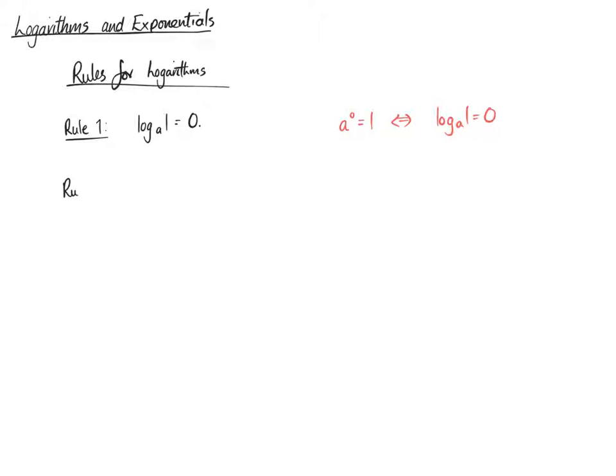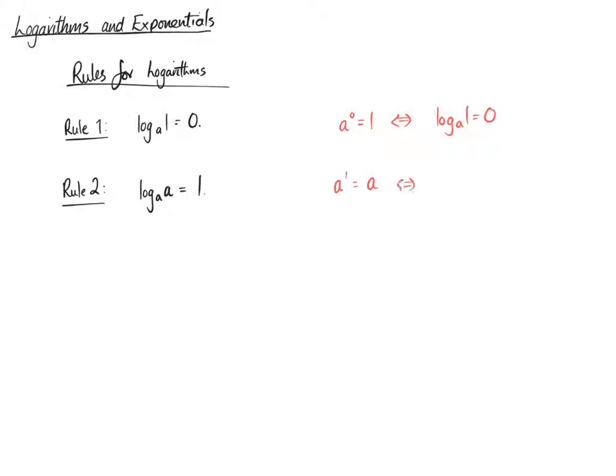Okay, so rule 2 that we have of logarithms is that if we've got log to the base a and we put that a into our function, we get that it's 1. And again, that is linked to our exponential law of a to the power of 1 is equal to a.